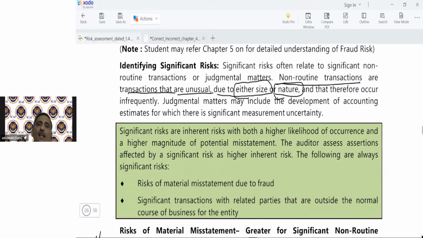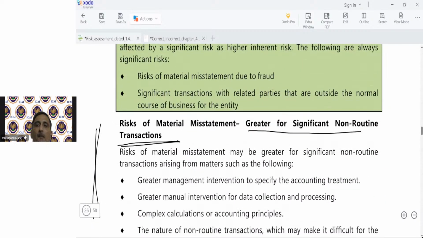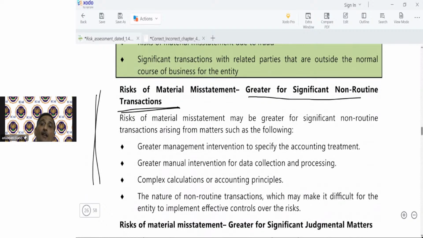Or when the financial statements involve estimates, it involves subjective judgment by the management. So these all factors induce an element of uncertainty. So risk of material misstatement is greater for significant non-routine transactions.